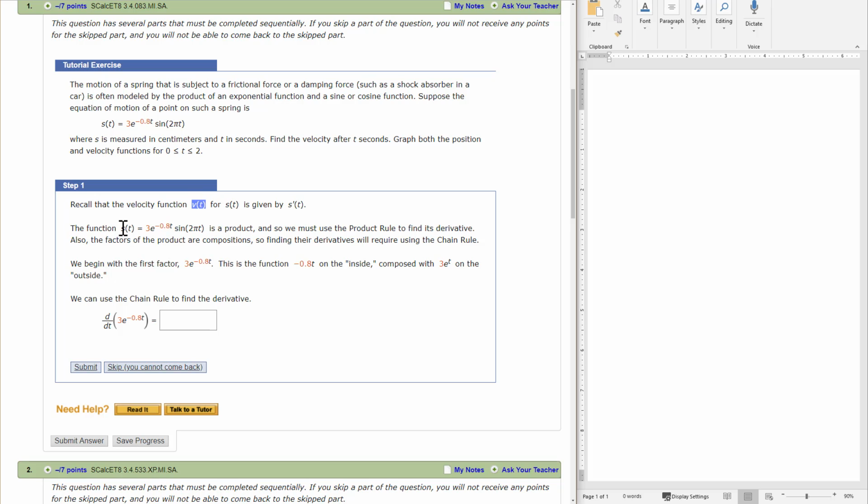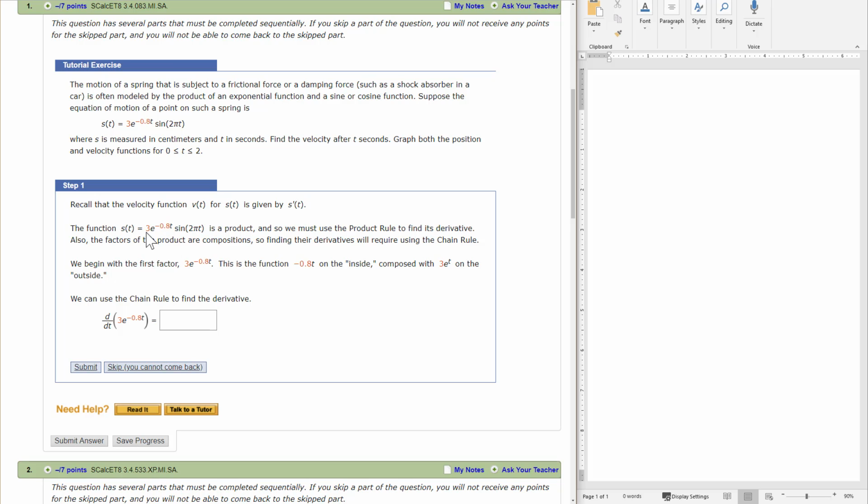The function is a product of an exponential function and a sine function, so we're going to use the product rule to find the derivative. Also, the factors of the product are compositions, so as we take the derivative of each one, we're going to look at the chain rule.